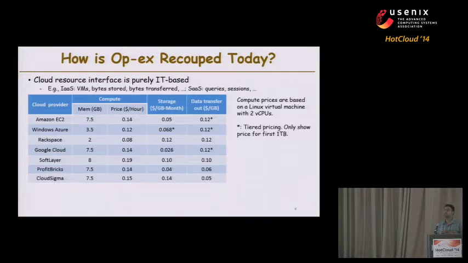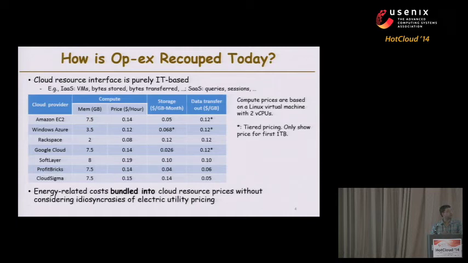If it's a software as a service cloud, it might offer software constructs like queries or sessions and then price these. This table presents some examples of VMs and bytes transferred and bytes stored and their prices as offered by some popular infrastructure as a service clouds. Of course, the actual interfaces are even more diverse and there are lots of varieties, but the key point holds that all of these interfaces are in units of virtualized IT resources.